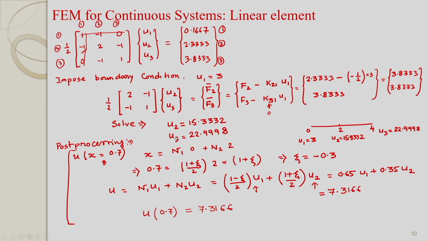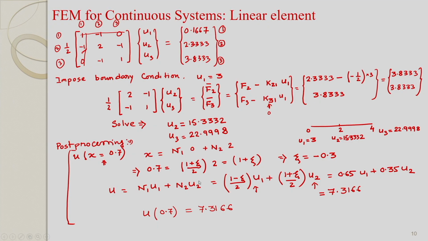After that, we can find the value of u at any intermediate point using post processing. For that x, we have to find the xi, and we can get the value of u using the summation of ni ui.